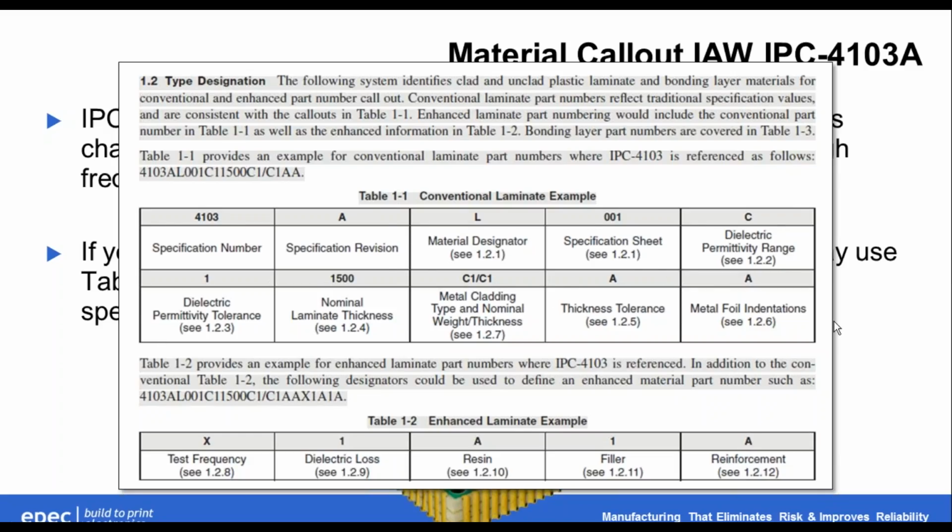But in 4103, there are some added properties that you don't see in the other spec: test frequency, dielectric loss, resin, filler, and reinforcement. So you can actually come up with a very long code of letters and numerals to designate your material in a very specific manner. Again, most people just pick the material from a particular supplier and they design that in, and that's how they specify it. But it's good to know that this exists.